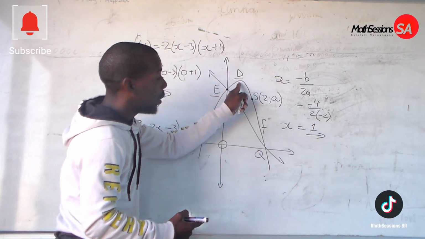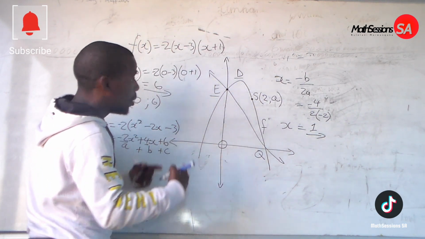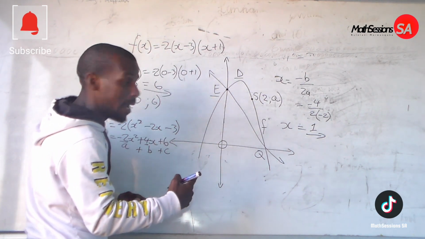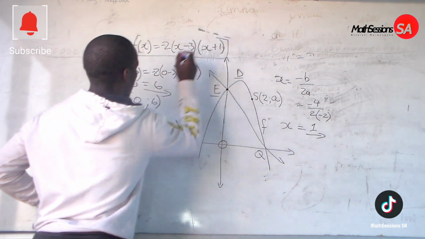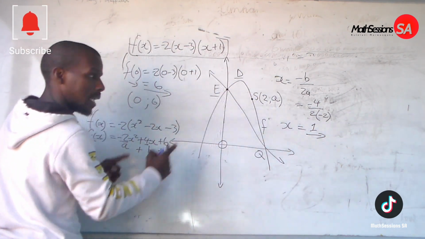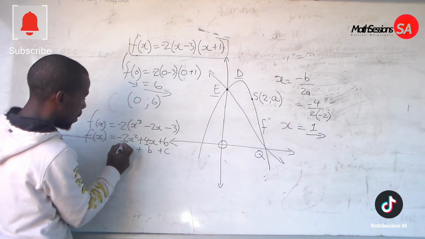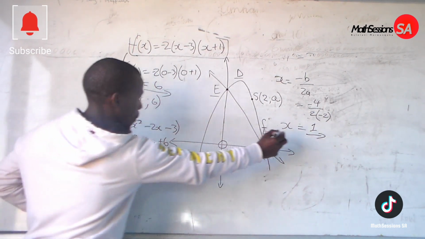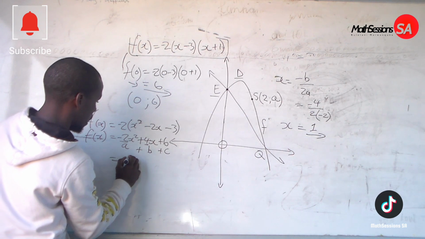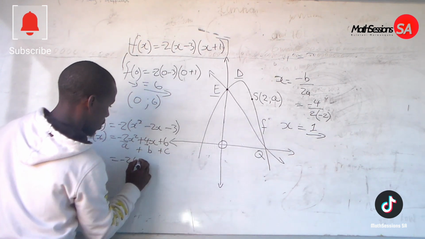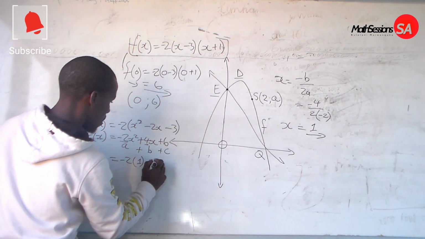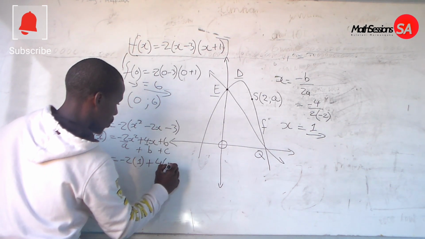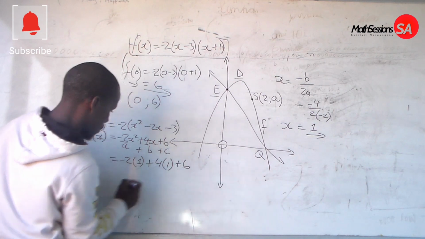So if x at that point D is equal to 1, we know very well what is the value of y. We are going to take the x and substitute it into the original equation. Basically we can take it and substitute it into this one we just did here. So we take the 1 and put it in negative 2 times 1 squared, plus 4 times 1, plus 6.